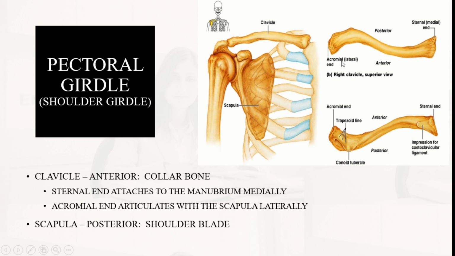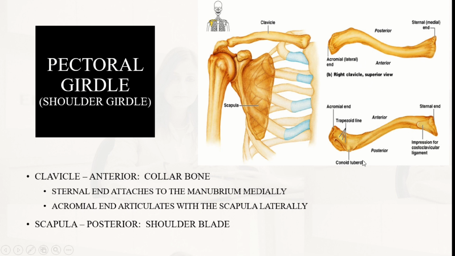We are talking about the lateral, the acromial end, the acromial joint. Then the medial end is what we call the sternal end. This is the posterior, and this is the anterior, and this is the right clavicle, superior view.